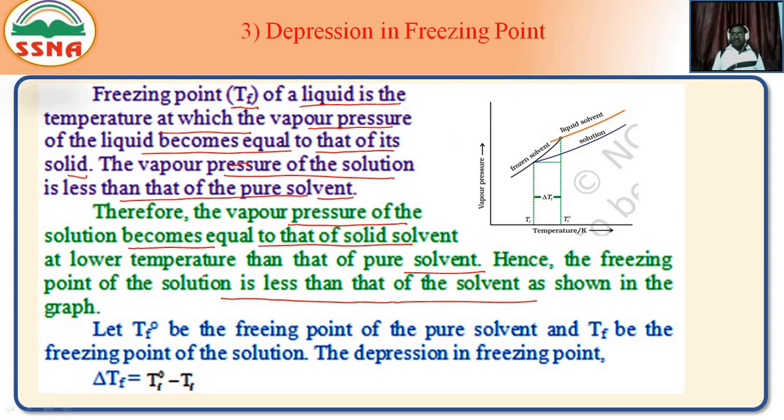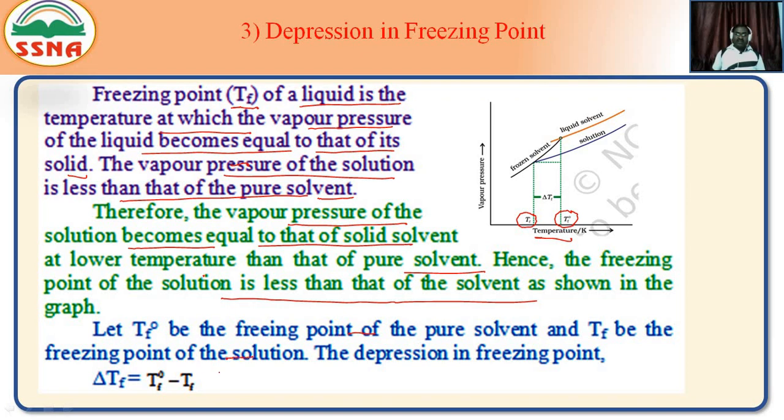As you observe, the graph is plotted between temperature in Kelvin and vapor pressure. Here Tf means the freezing point of the solution, and Tf naught means the freezing point of the solvent. The difference between the freezing point of the solvent and the solution is called the depression in freezing point, represented in the figure as shown here.